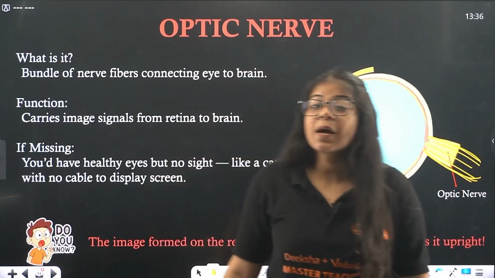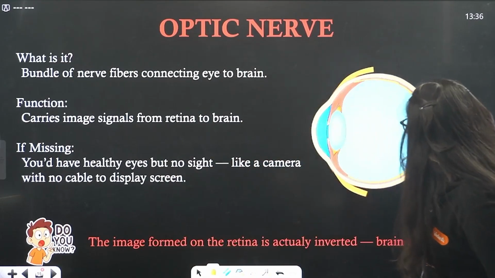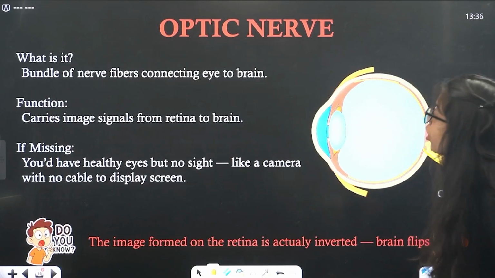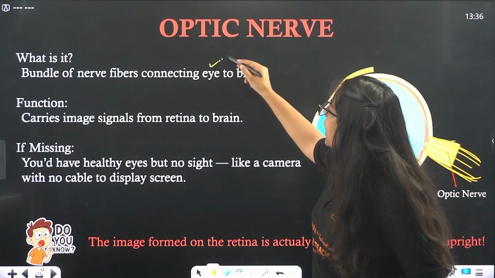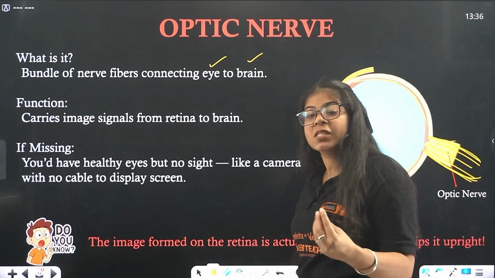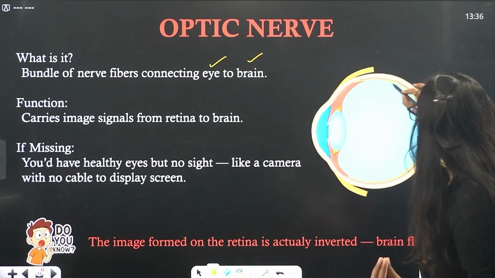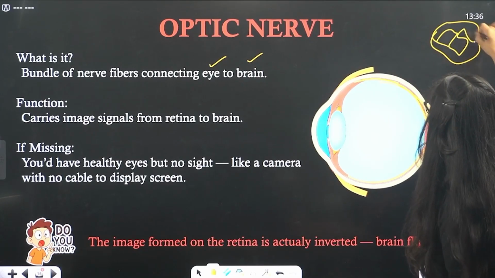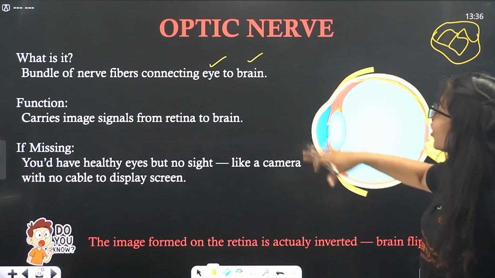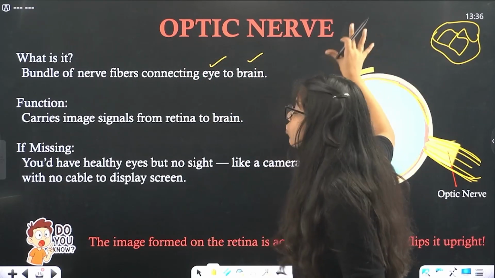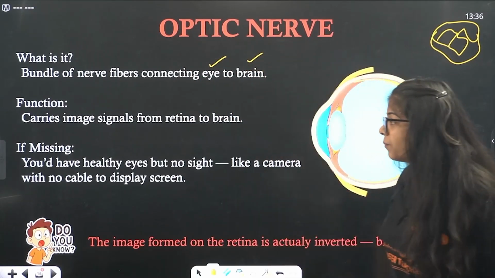It's a bundle of nerve fibers connecting our eye to the brain. It carries image signals from the retina to the brain. This is your brain. So it carries the signals to the brain.